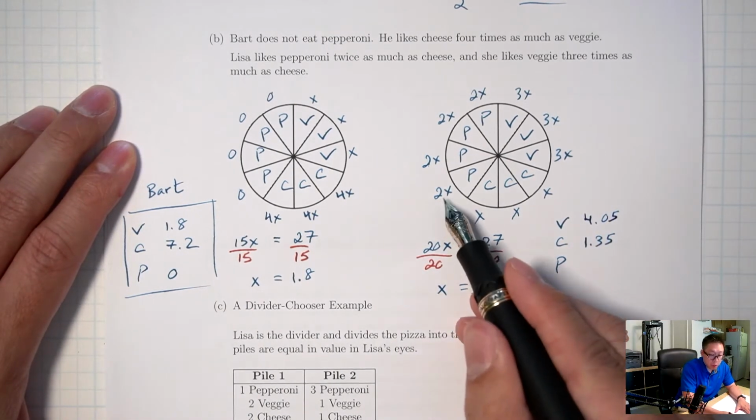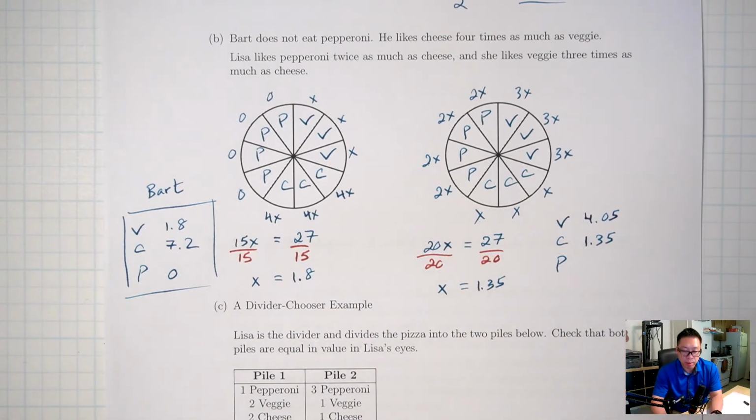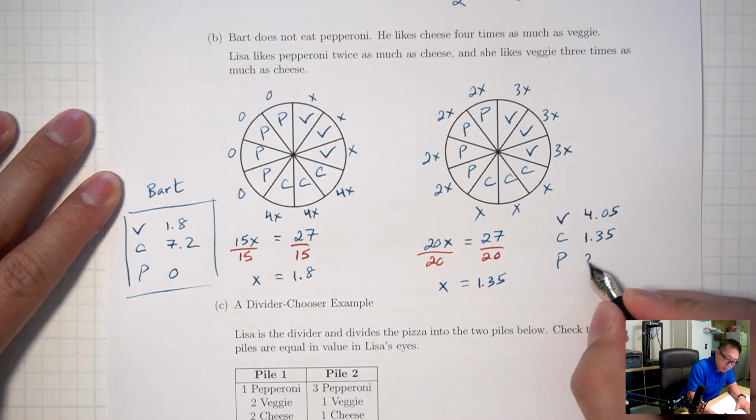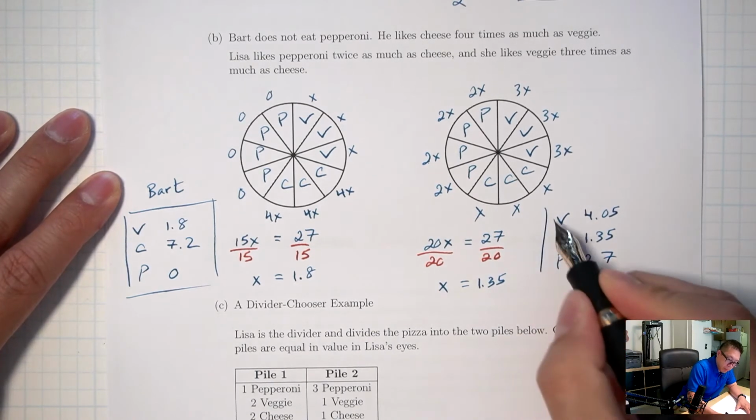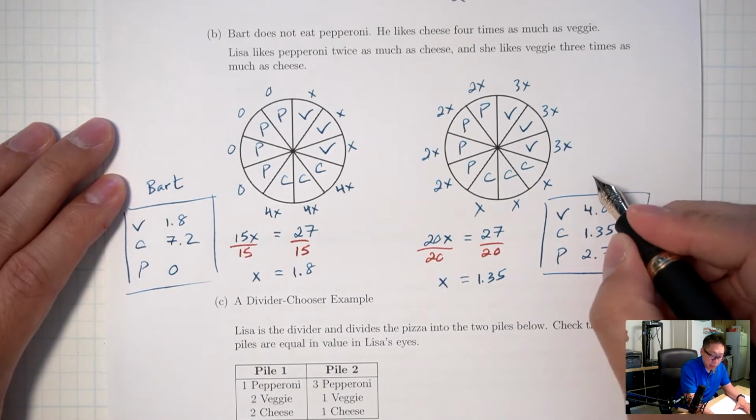Pepperoni is 2 times x, so 2 times the 1.35 is $2.7. All right, so these are the values of the slices to Lisa.